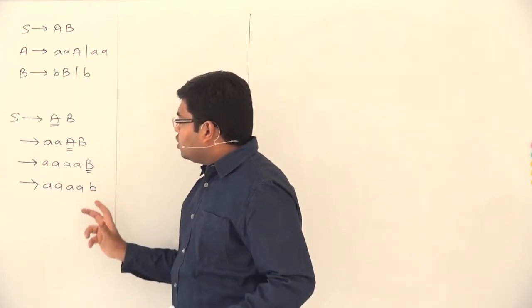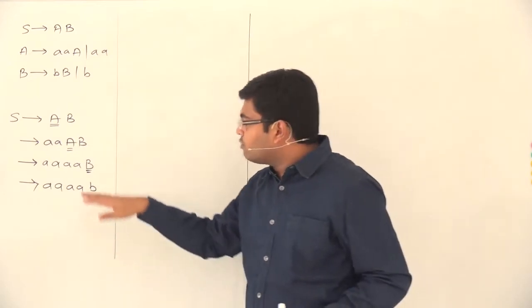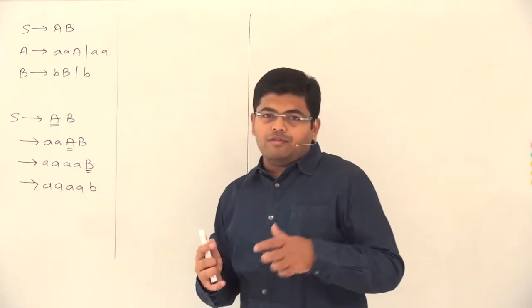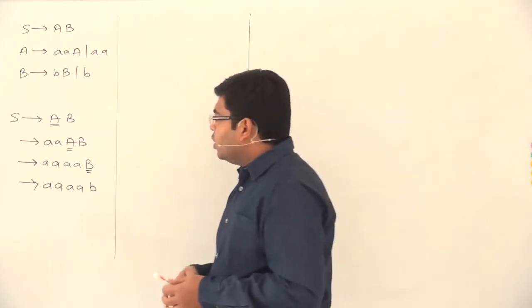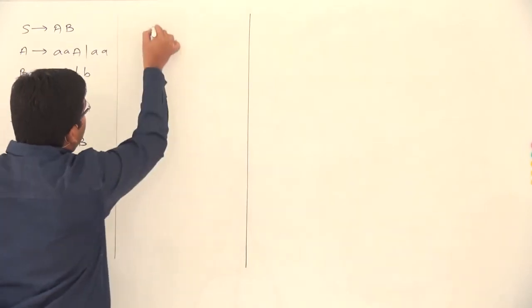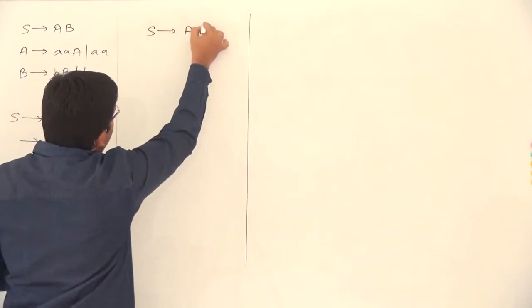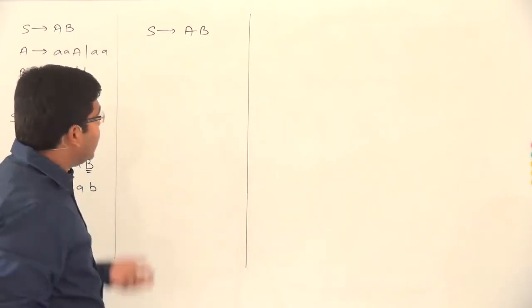Now we will consider some more derivations of the same string, and we will try to see what the differences are between these various derivations. Let's try some other derivations, like S produces AB as before. The first step starting with the starting symbol cannot be changed.